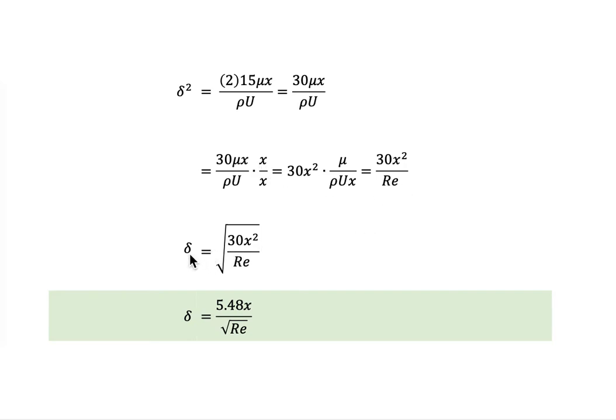Then from delta square we take the root to get delta, so it becomes root of 30x squared over Reynolds number. Finally, delta is equal to 5.48x over root Reynolds number. This is the equation to find the boundary layer thickness for the second order polynomial profile.